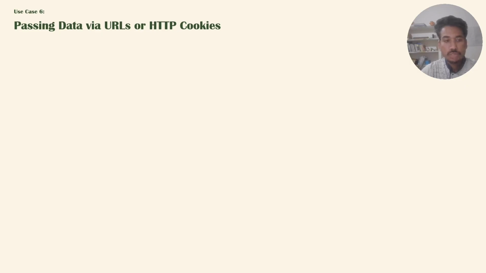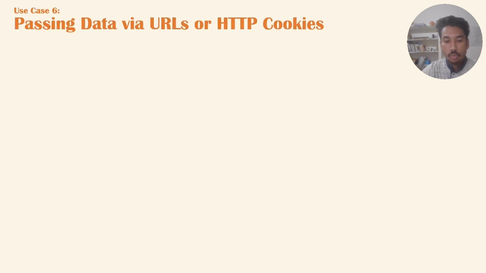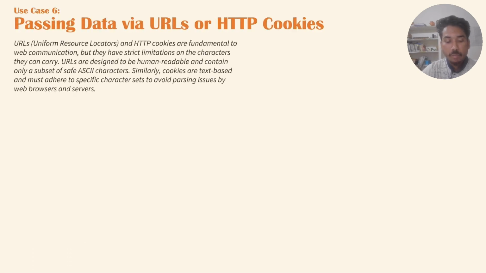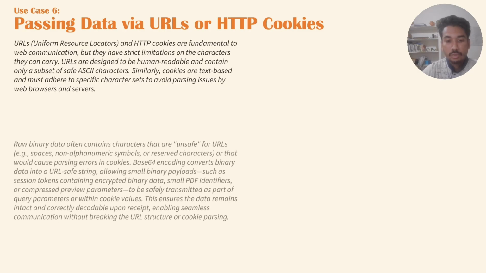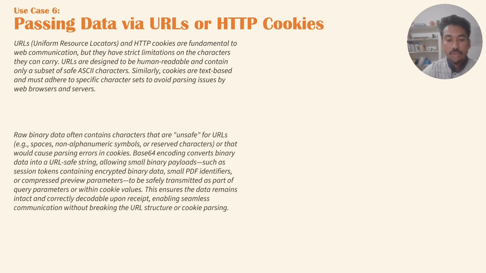Now let's talk about the sixth use case. URLs and cookies, two things that are everywhere in web development. Both of these are designed to carry text, and they have pretty strict rules about which characters are allowed. If you try to include raw binary data like encrypted tokens or file previews, it can break the URL or cause parsing errors in cookies. That's where Base64 saves the day again.